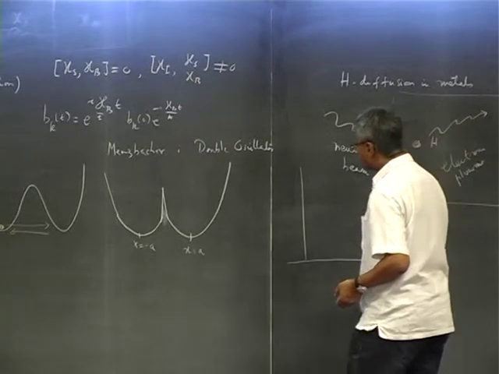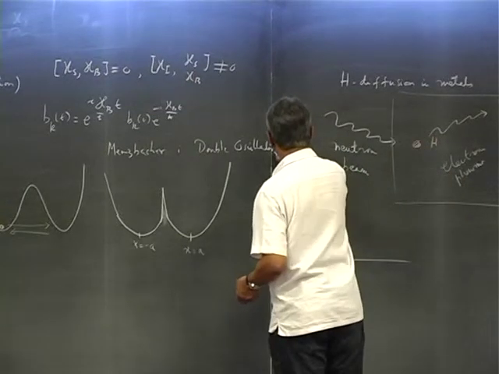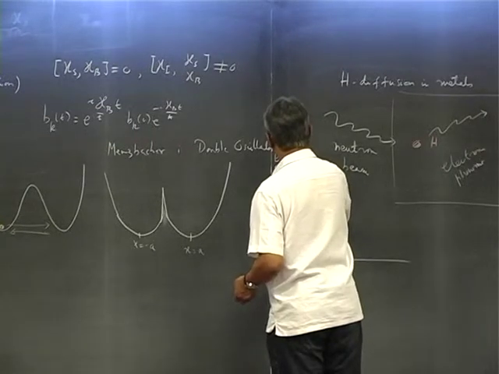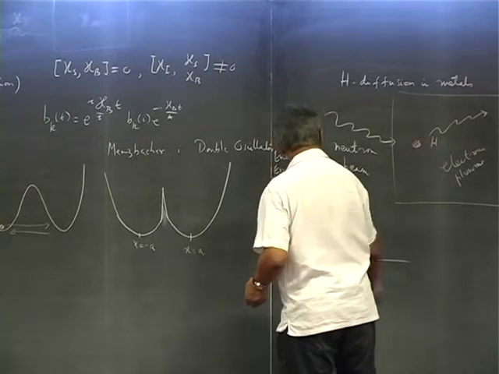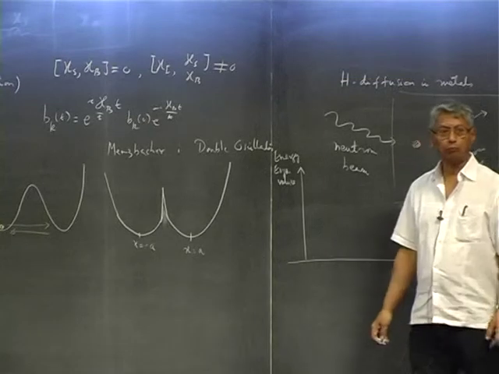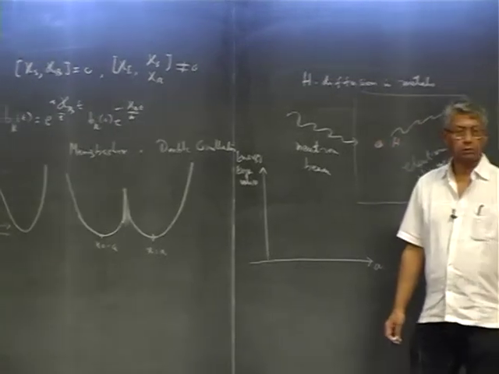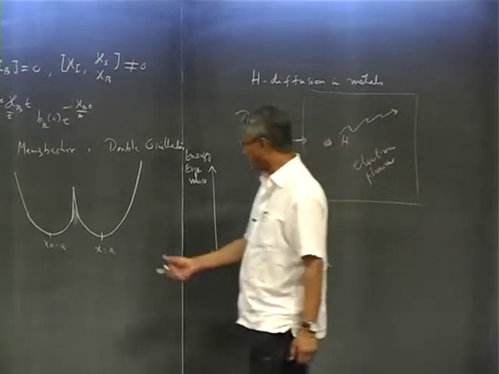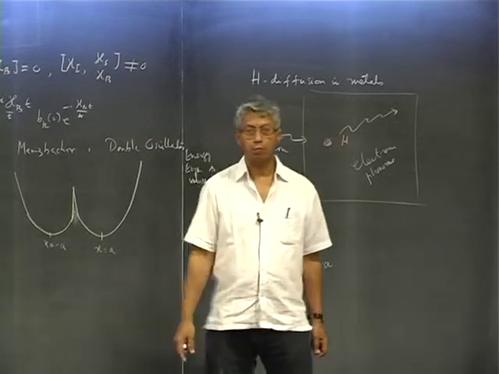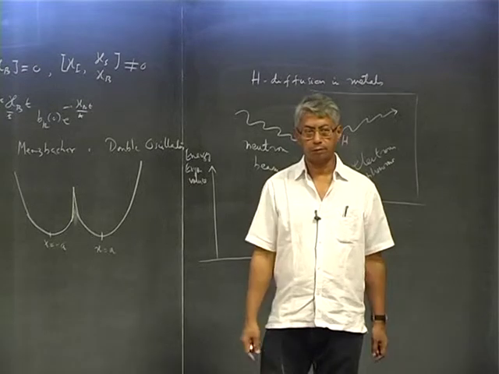And so you can ask the question, what would the energy eigenvalues of the double oscillator look like as a function of this parameter A, right? Which is basically, 2A is the separation between the two minima of the two oscillators.